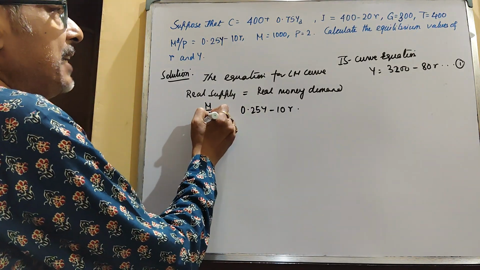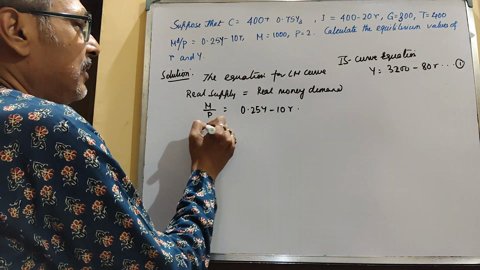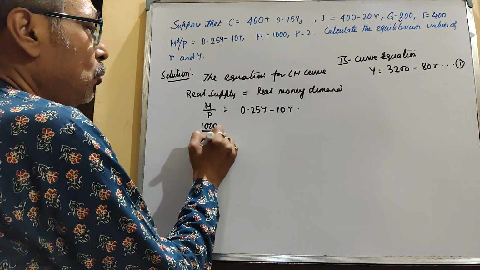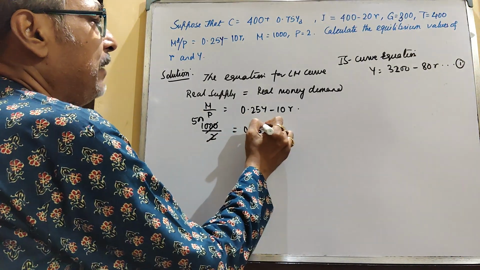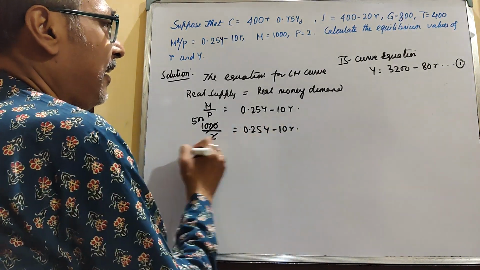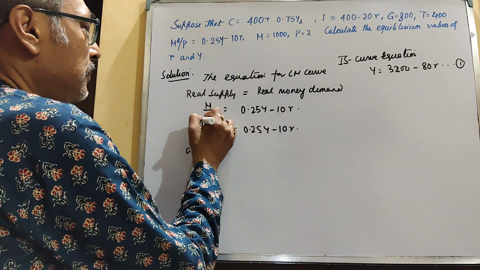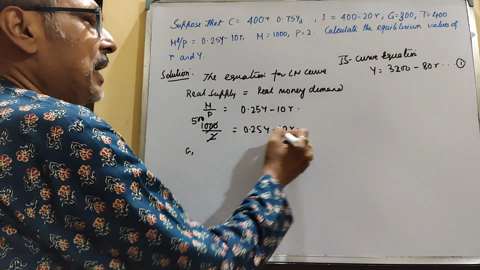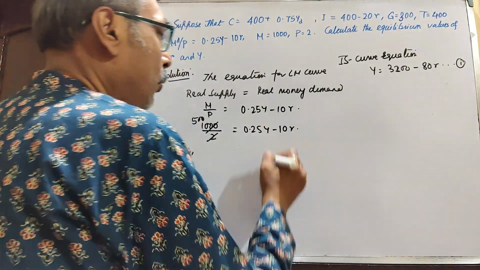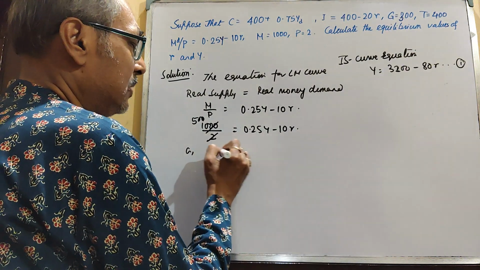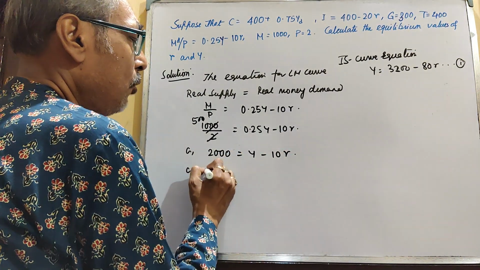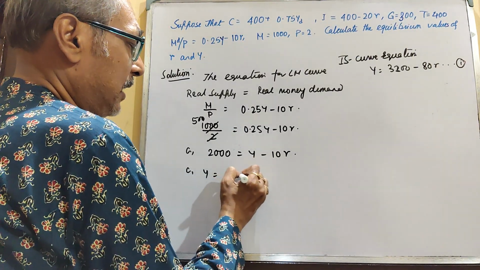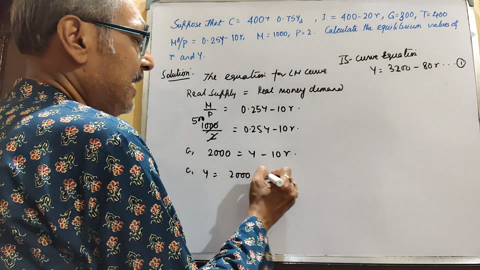Now M and P are given. This is 1000 by 2, 500, equals 0.25Y minus 10r. If we multiply both sides by 4, we get 2000 equals Y minus 40r, or Y equals 2000 plus 40r.